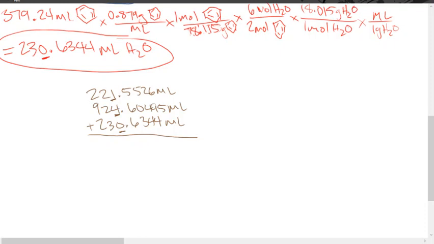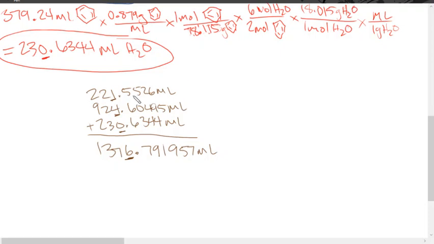So that number plus 924.605 plus 221.5526 equals, I get 1376.791957 milliliters, and our sig figs would stop right here.